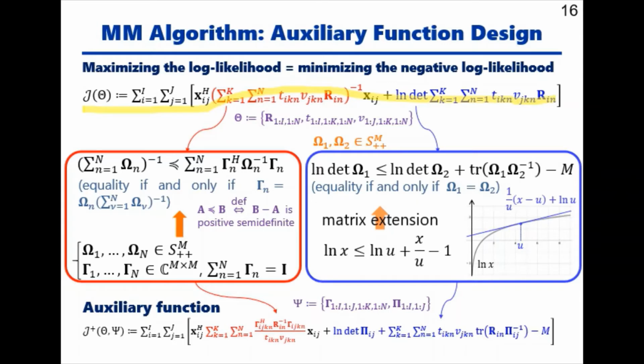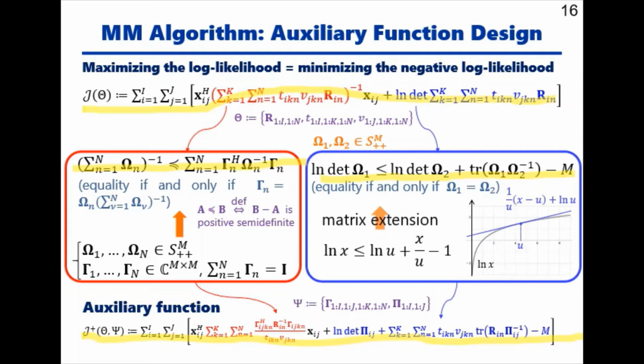To this end, we can use these two inequalities as in FCA. Consequently, we obtain an auxiliary function shown here that majorizes the cost function.